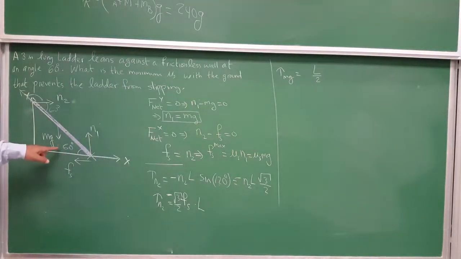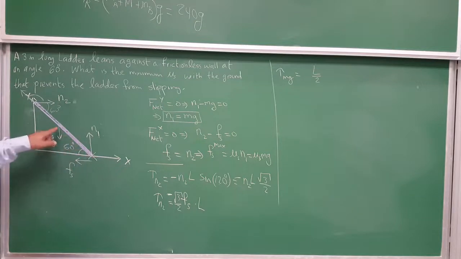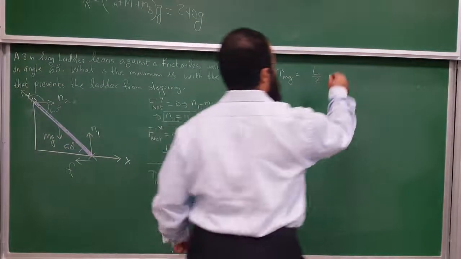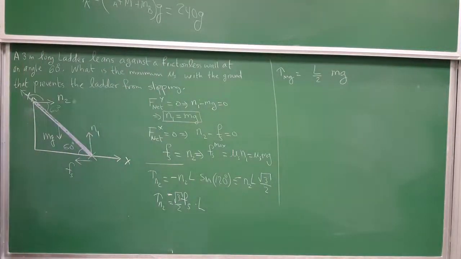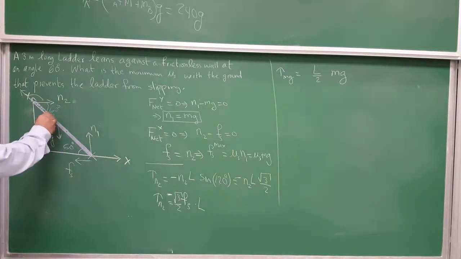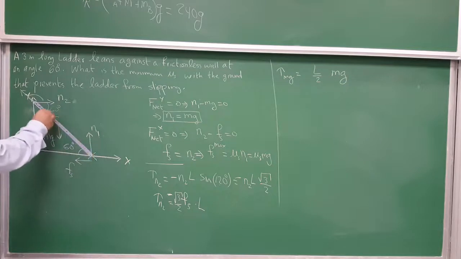So you have mg times L over 2, the distance from here to the mg is L over 2, times the mg, the mass of the ladder, times gravity, times what? Well, they make what angle with each other? R is from here to here, it points in that direction, so it makes this angle with it.